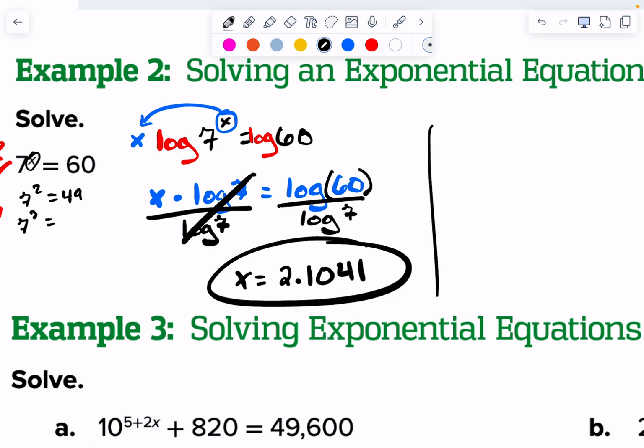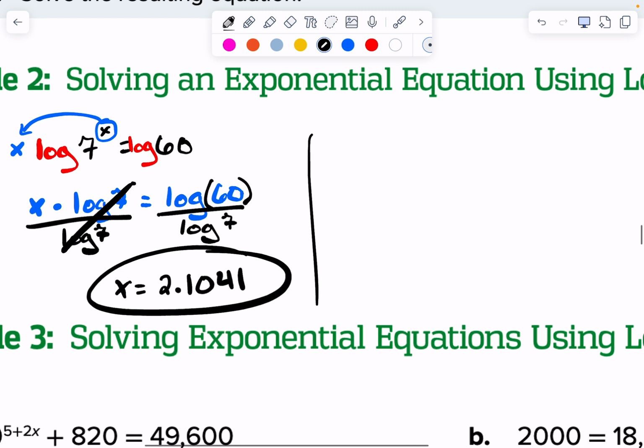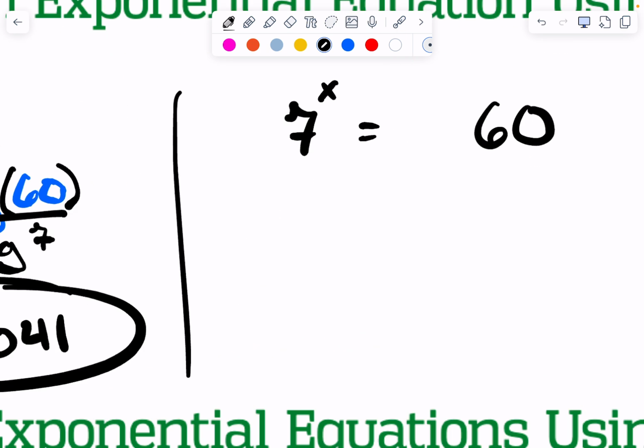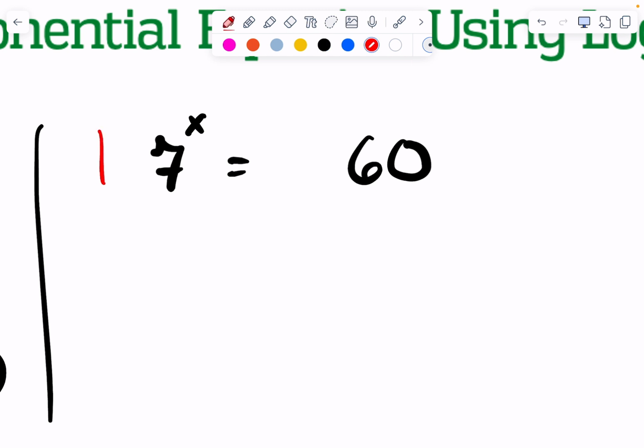So I could do this another way, but it's basically the same procedure. If I have 7 to the x power equals 60, I don't have to use the log button. I could use the ln button if I want to. It's less writing because you have one less letter. I can still move my x down in front.